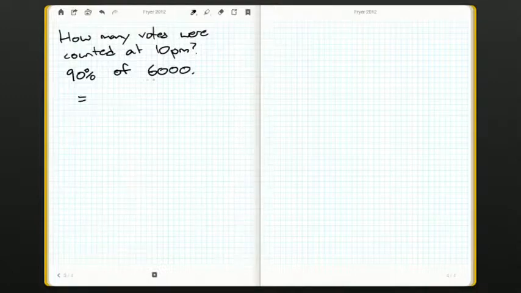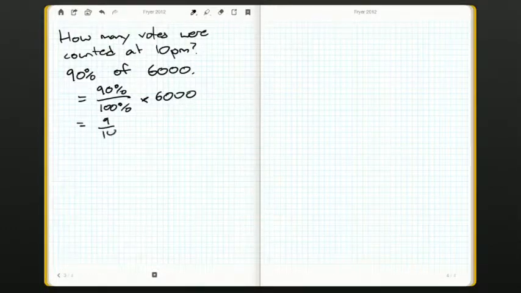So 90% of 6,000 were cast. So how do we figure out how many of the 6,000 were cast? Well, we convert 90% back into a fraction by dividing by 100%. So 90% over 100% times 6,000.